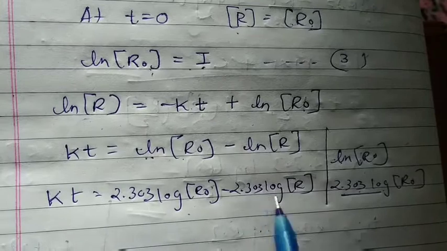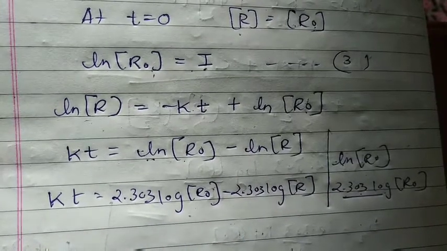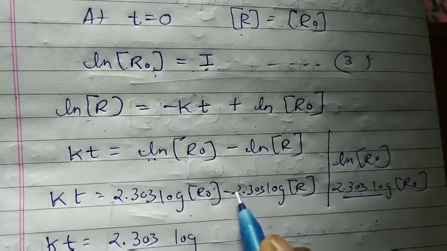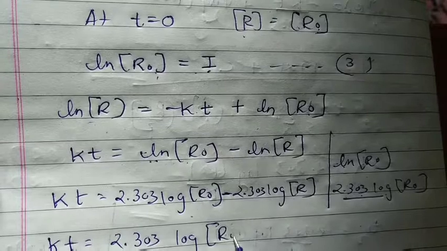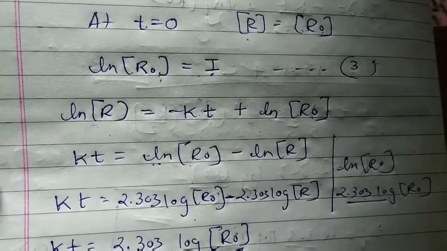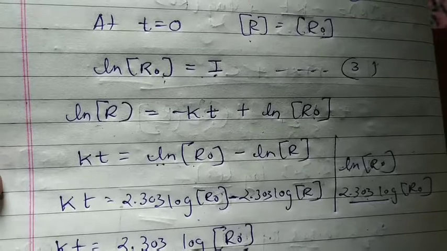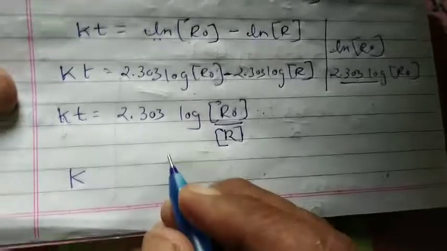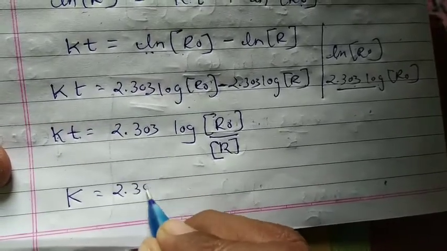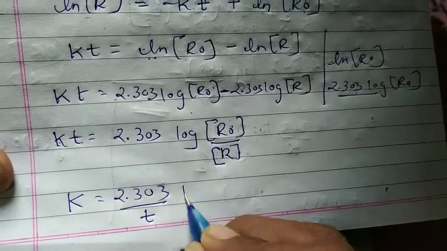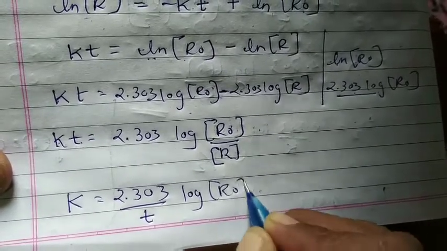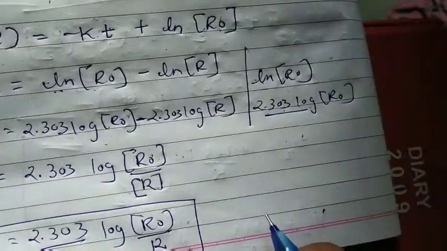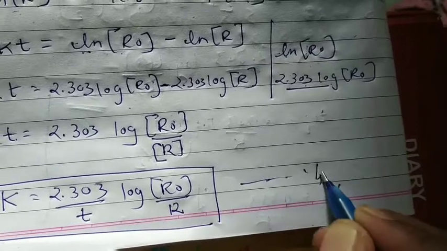Taking 2.303 common, we can write Kt is equal to 2.303 log R0 by R, since minus log can be written as log R0 upon R. This K value you have to find, then K is equal to 2.303 by t log R0 by R. So this equation is nothing but the integrated rate equation, that is equation number 4.